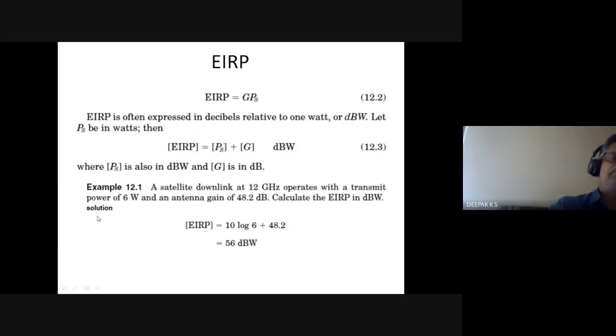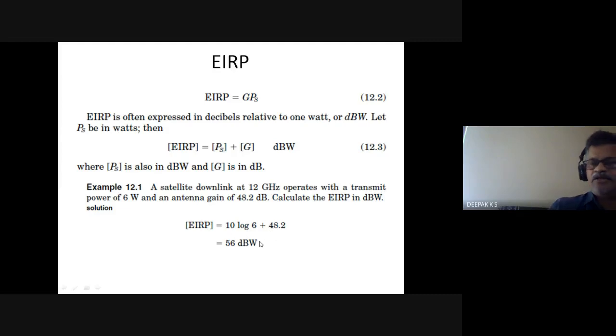So this is just a substitution problem. You calculate EIRP. The gain is given as 6, and PS is this one.